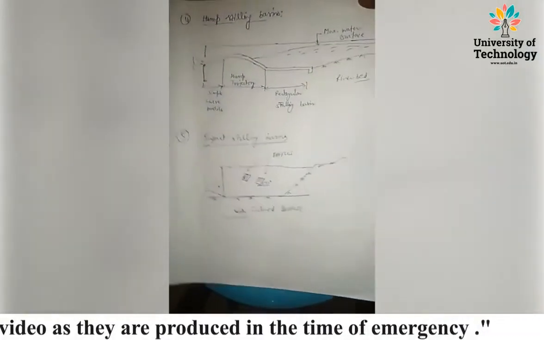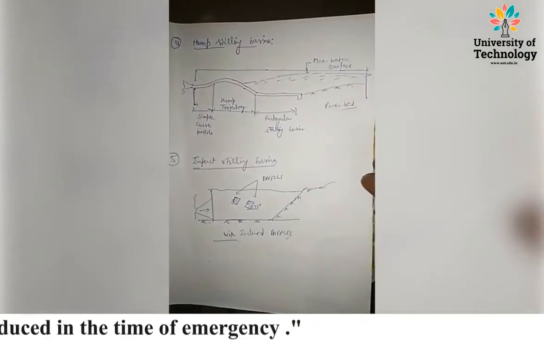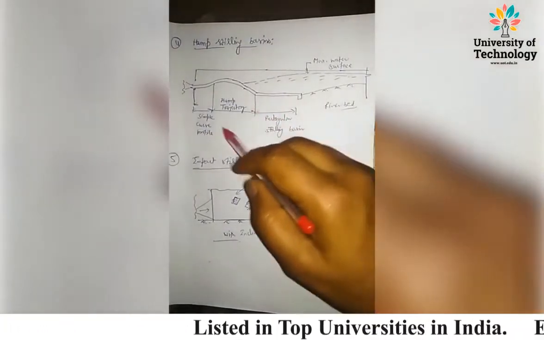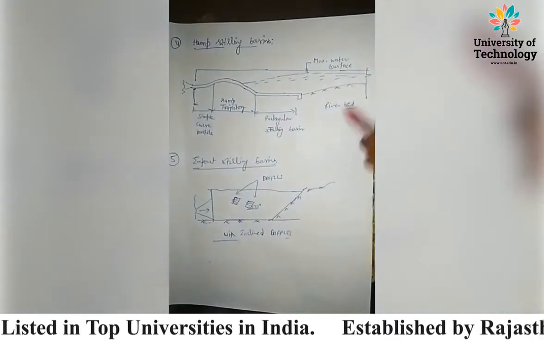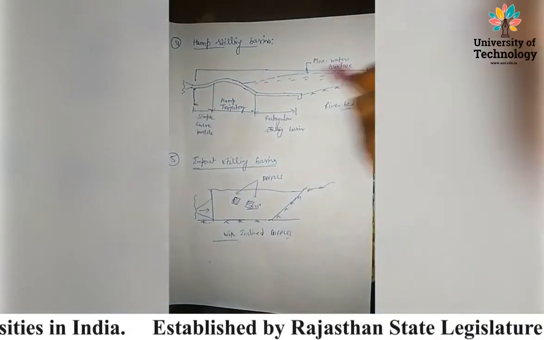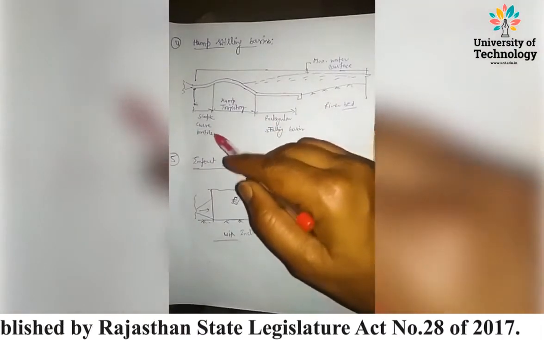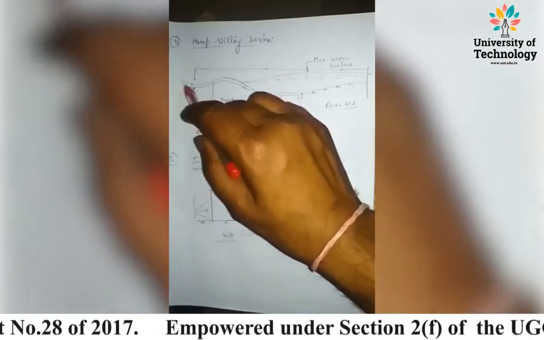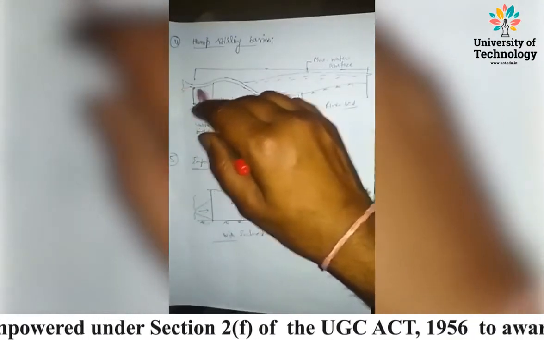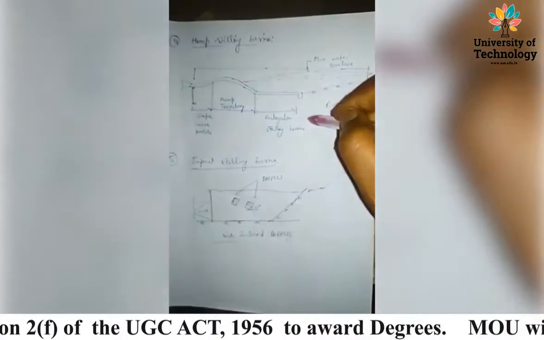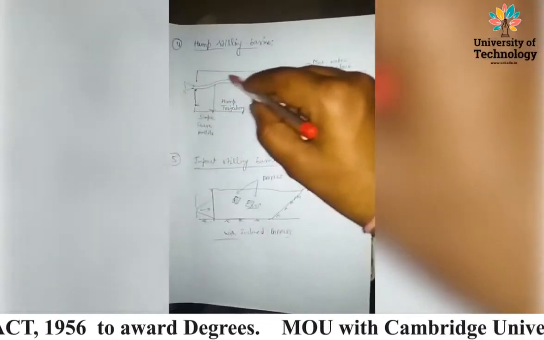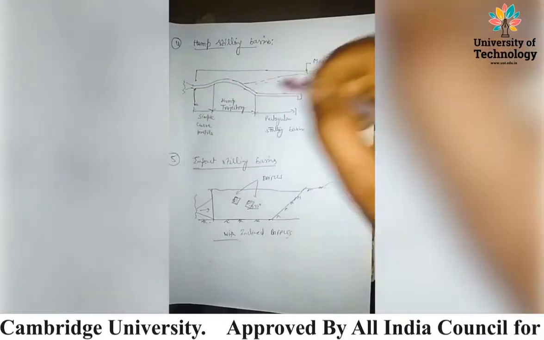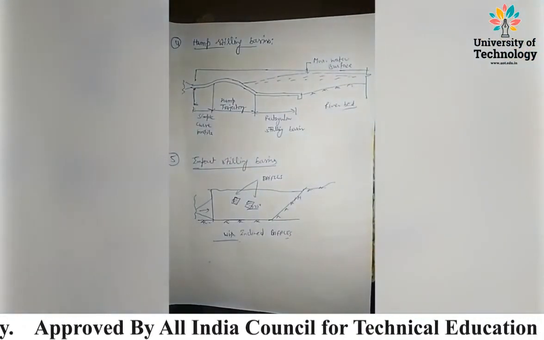Next one is the hump stilling basin. What is the hump stilling basin? All those things are there, the same as you have seen. This is the water flow from the upstream side to the downstream side, and the profile of the structure, the hump, is like a curve shape.